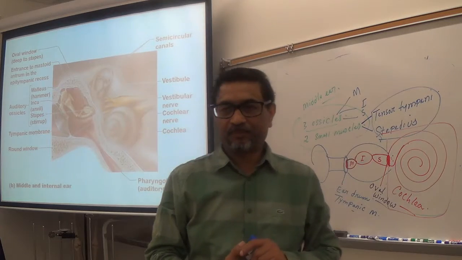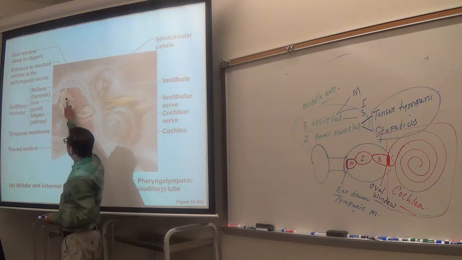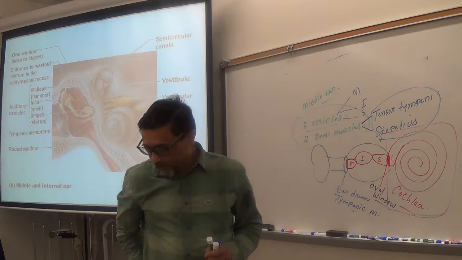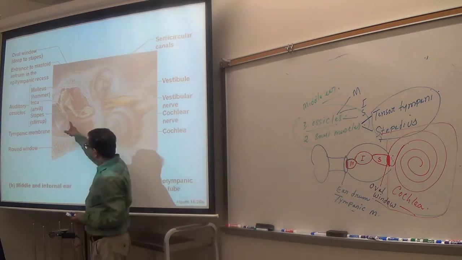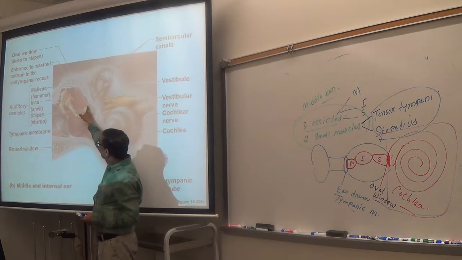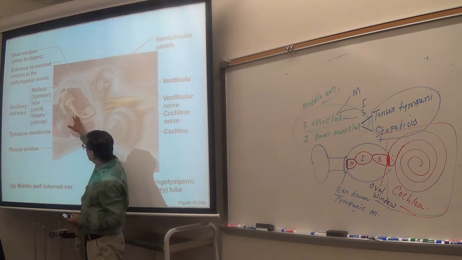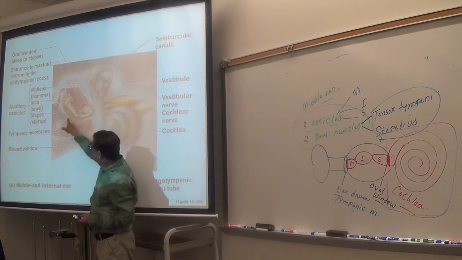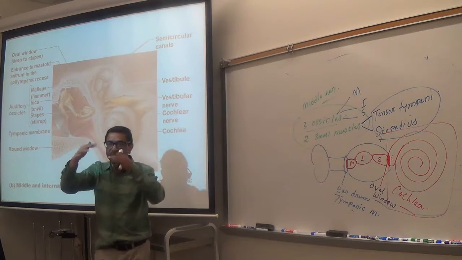These ossicles act as lever. So when the sound goes from the eardrum to the oval window, because of these three ossicles, the pressure increases here many times more than here. Make sense?